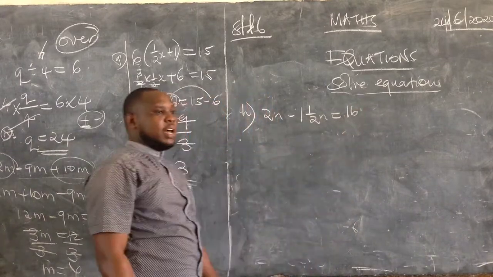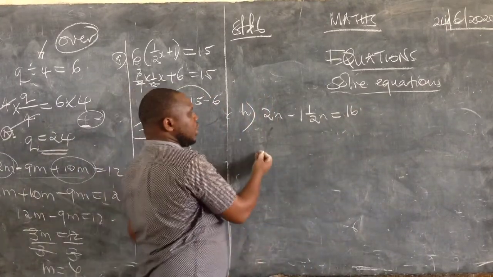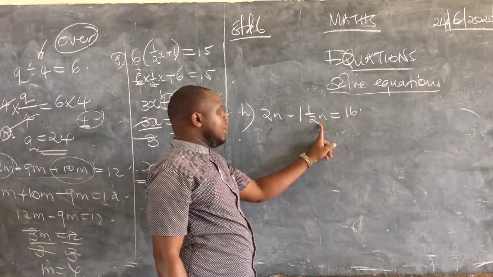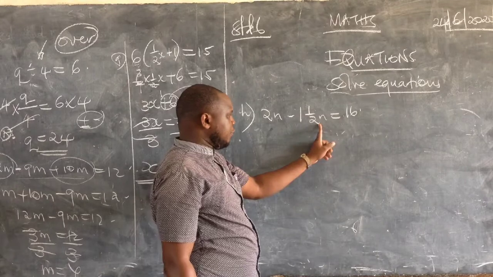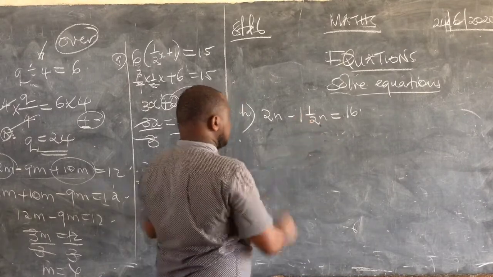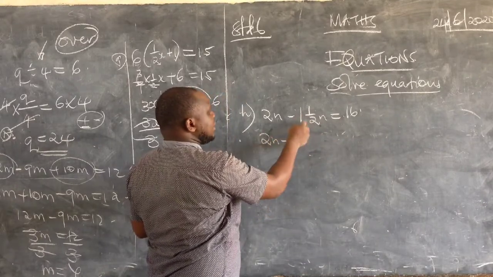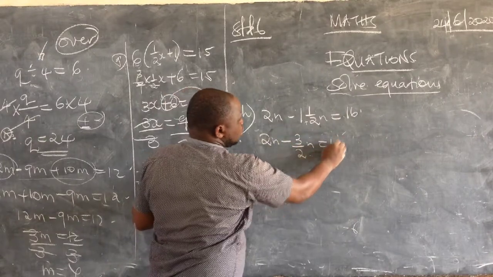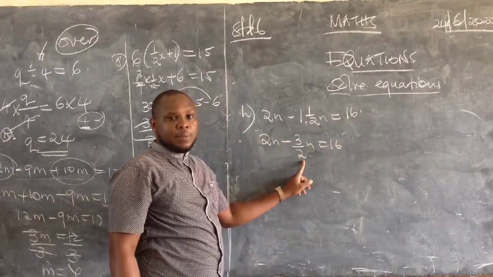Now this can be written in the form of a mixed fraction, a proper fraction. That is going to be 2n minus 3 over 2 n is equal to 16, so that you get a denominator.